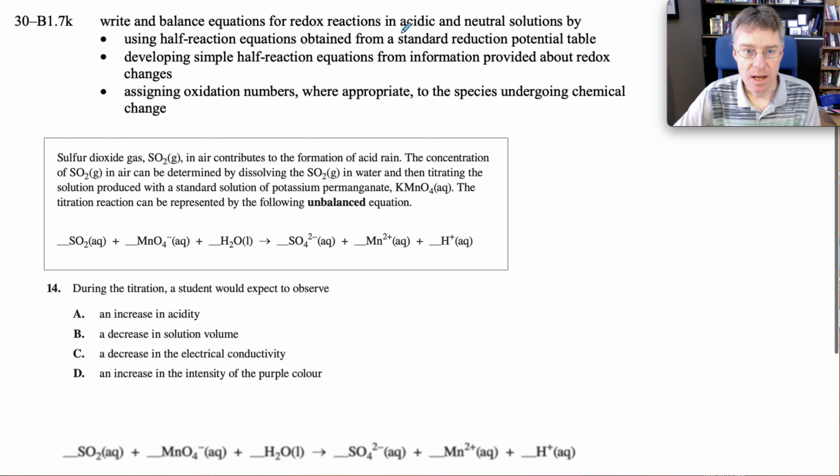So we're on to balancing acidic and neutral solutions. Your teacher might have done basic, or your textbook might have had them, but you don't have to worry about balancing basic half reactions. You need to be able to do halves or fulls with oxidation numbers. So we're going to deal with balancing full reactions with oxidation numbers first.